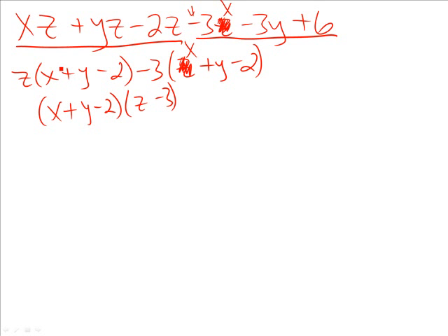Never force your factoring by grouping. Never just assume, well, those are close enough to the same. I had an x plus y minus 2 and a z plus y minus 2. That's not the same. If I had actually been reading what I was writing instead of talking over what I was writing, then I would have noticed those aren't the same, something's wrong.